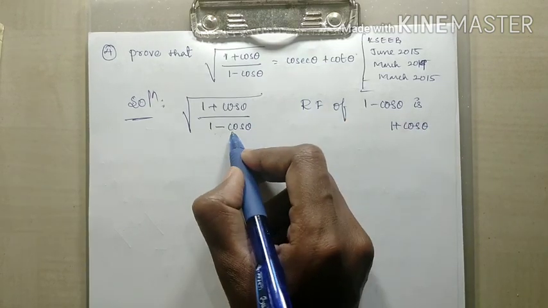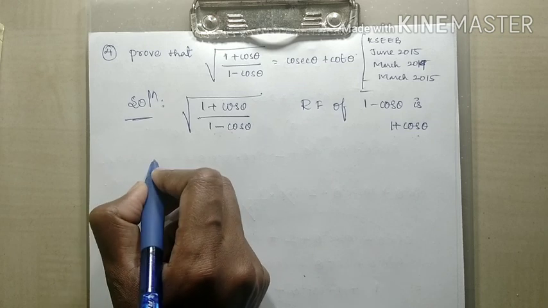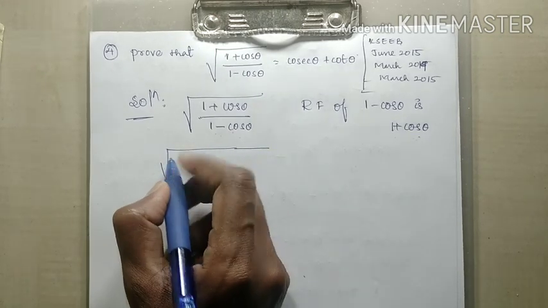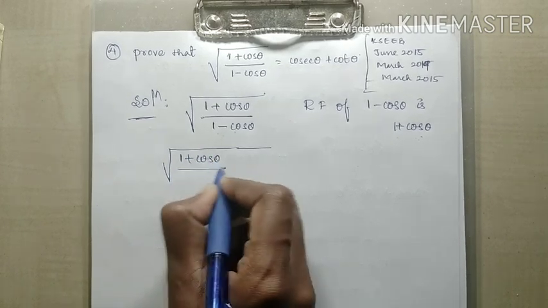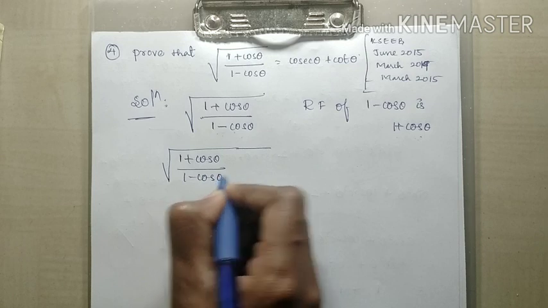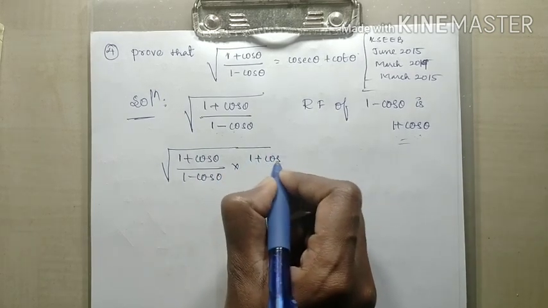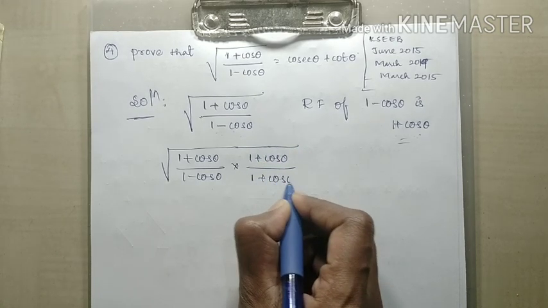Here 1 minus cos theta rationalizing factor is 1 plus cos theta. So now let me multiply the rationalizing factor in the numerator and denominator. 1 plus cos theta by 1 minus cos theta. So what is the rationalizing factor? 1 plus cos theta divided by 1 plus cos theta.